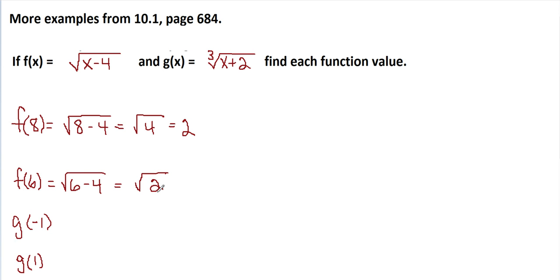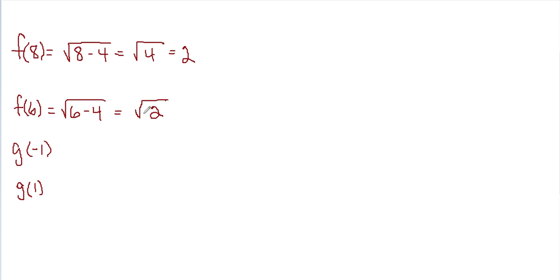Okay, so they've got the square root of 2, and the exact answer is the square root of 2. All right, they don't want an approximation. If they did want an approximation, they would say so. Approximate the value. What is the square root of 2 approximately?